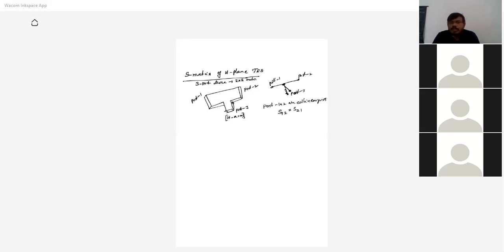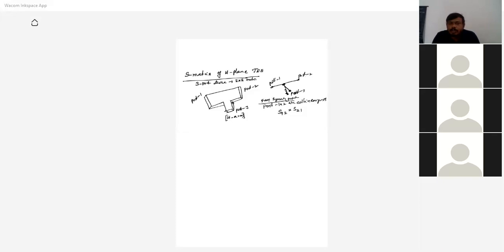Port 1 and 2 are the collinear ports, so it follows the symmetry property. From the symmetry property, you can write.